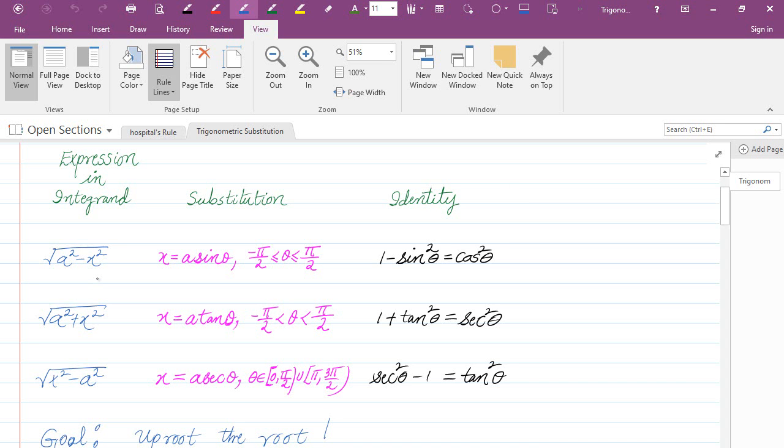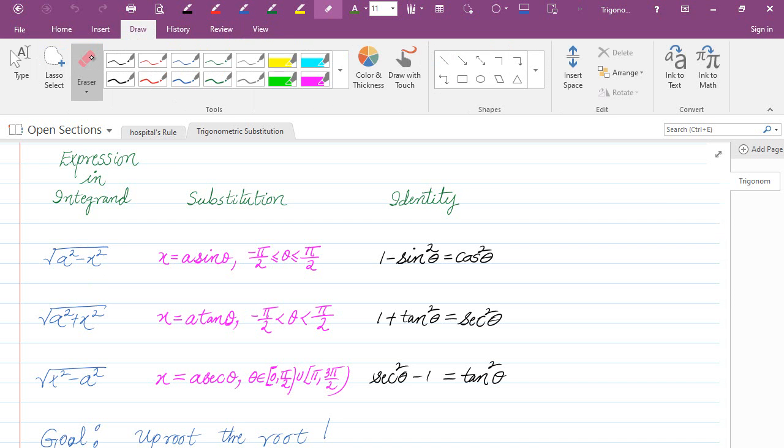So for example, whenever I have an expression that looks like the root of a squared minus x squared, where a could be 2 or 3 or some other number, in the integrand, then the substitution that's going to get rid of the root is x is equal to a sine theta, where theta is between negative pi over 2 and pi over 2.